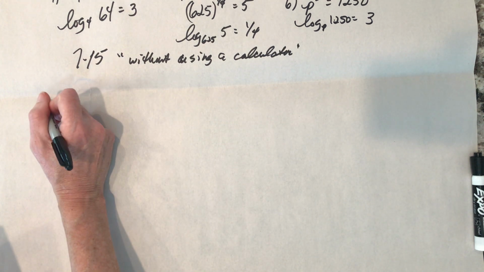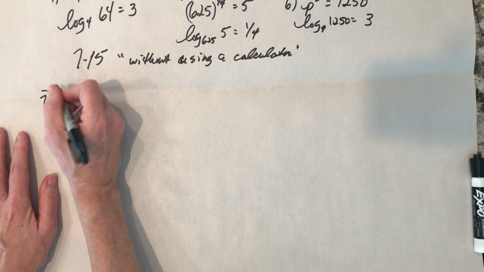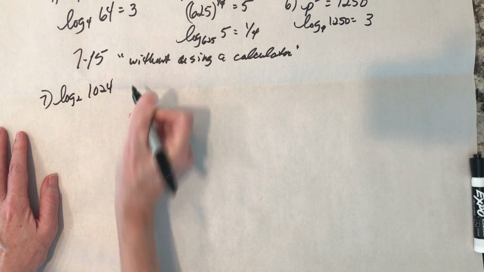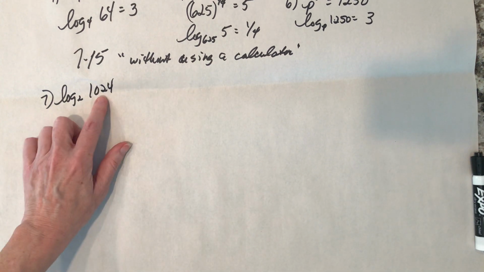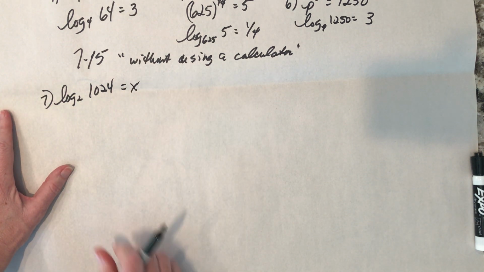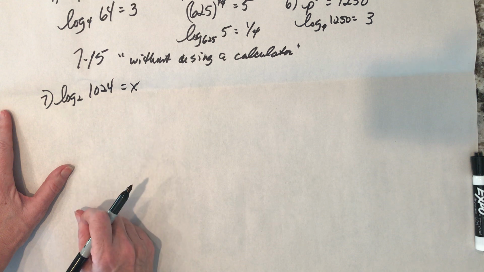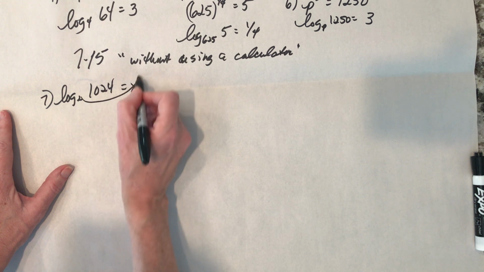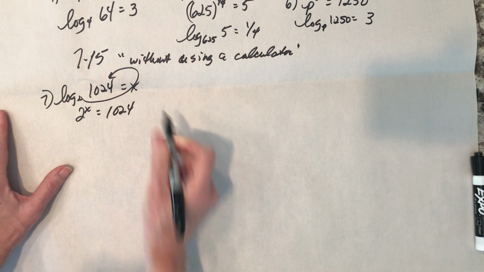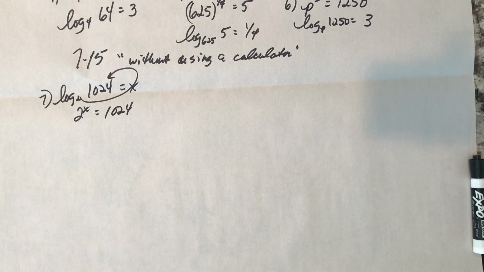Let's see, number 7, evaluate log base 2 of 1024. So let's set it equal to x, since we're trying to find what the log base 2 of 1024 is. 2 to the x equals 1024. Now, if this were a little bit simpler problem, you would know what it was.